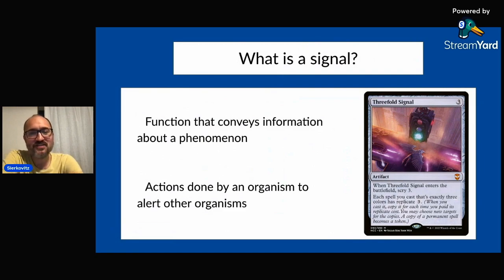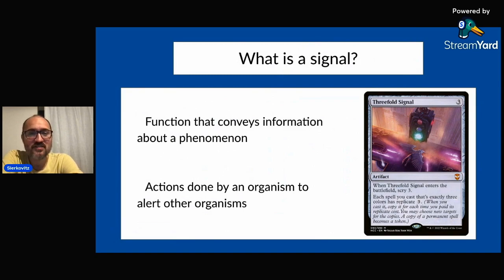Like definitely actions done by an organism to alert other organisms, that's a perfect definition of Magic signals. It's actions done by an organism, and they are not necessarily actions that are intended to give signals, but still are giving a signal to other organisms, even if they don't want that signal sent.